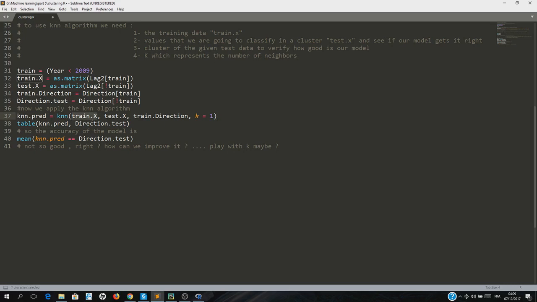So KNN predicts with the KNN function. We give it, as we said, the training data, the tests, and the directions for the training. And then k equals 1.